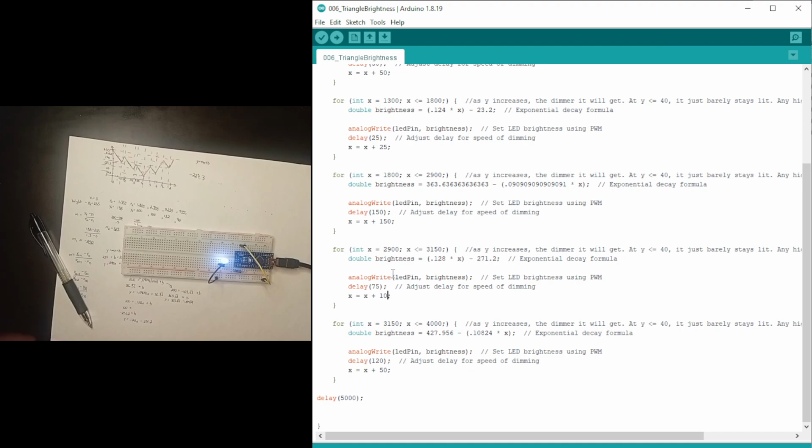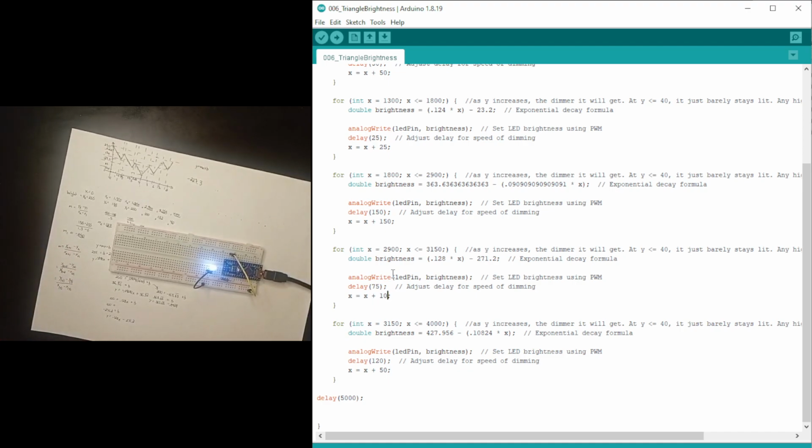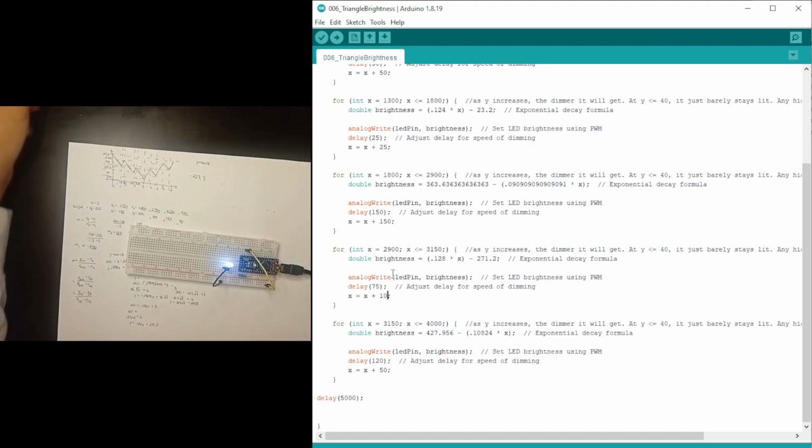Okay. Unfortunately, it wouldn't be so simple as to just take the inverse. We also need to know what the b-intercepts are.